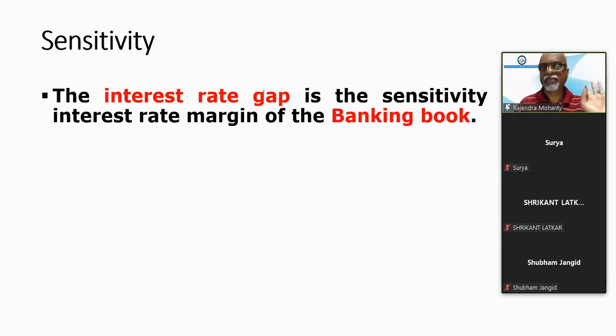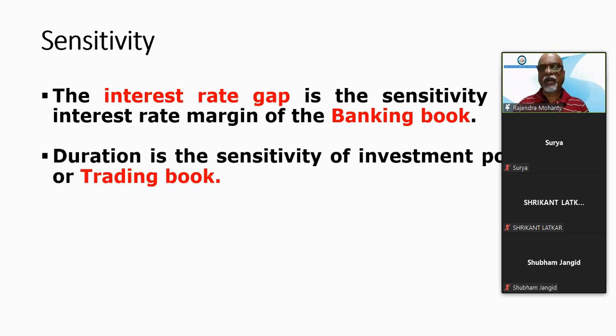I have already explained that. Similarly, for the investment book or trading book, duration is the calculation done. Duration is the sensitivity of the investment portfolio of a trading book. So in case of banking book transactions, the interest rate gap is the sensitivity based measure, and for the trading book or investment portfolio, duration is the sensitivity based measure. These two have to be understood by you.